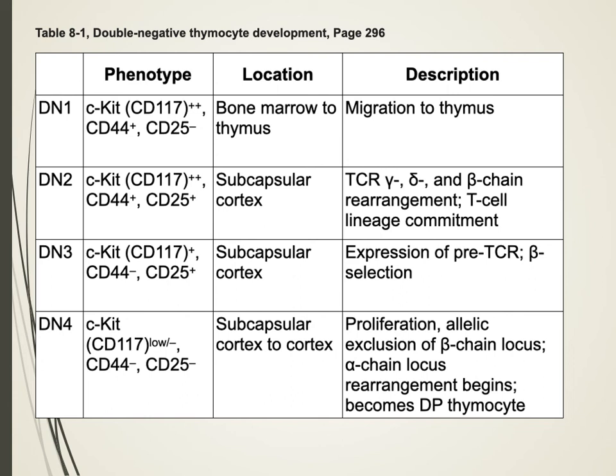Again, that's important because we need to be adhering and moving through. Okay. When we look at double negative 2, or DN2, we still have expression of c-Kit and CD44, but also CD25. So we're beginning to express receptors for IL-2, so we can start to sense IL-2, and that can affect the development of the T cell.